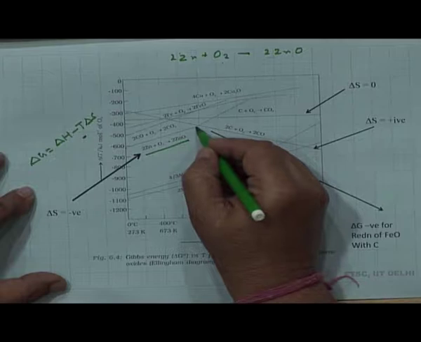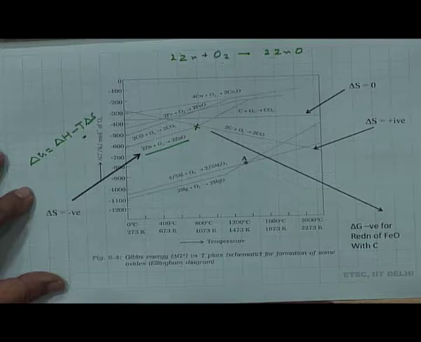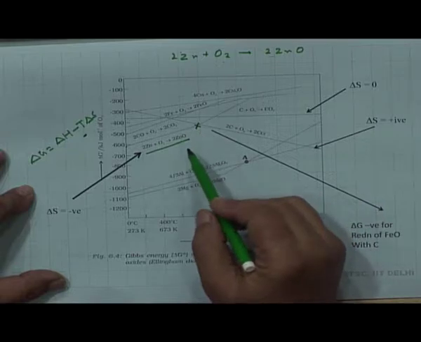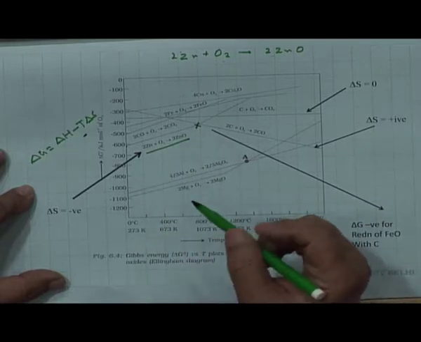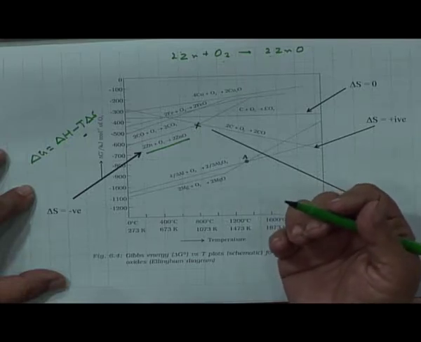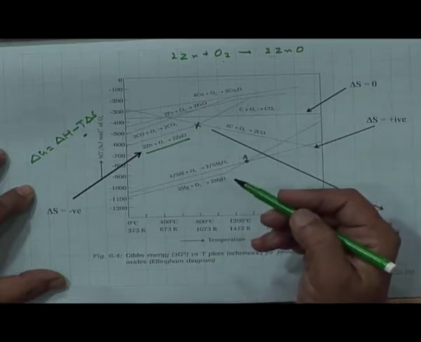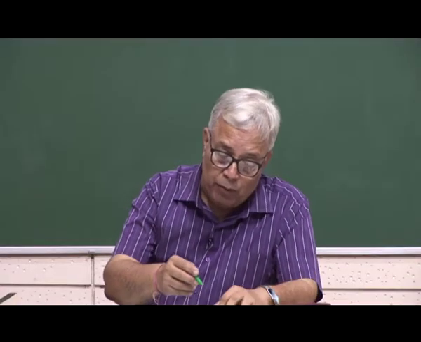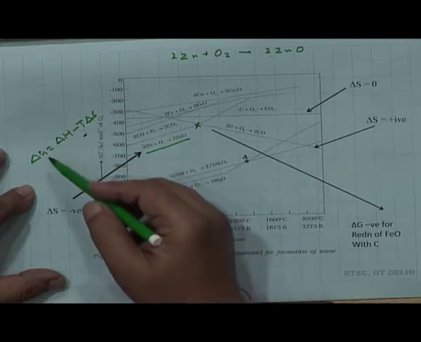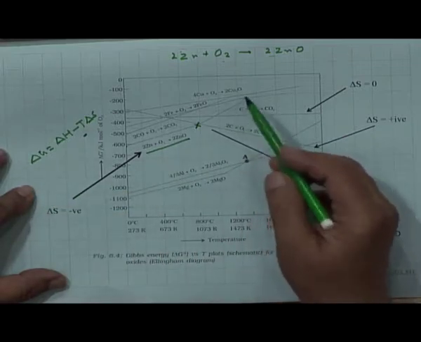Now, you may ask why at this point there is a change in the slope. This change in the slope may be because at this temperature the zinc oxide which is formed has changed its phase. This means delta S has become more negative. So, this factor T into delta S is neutralizing in this exothermic reaction and decreasing delta G more.